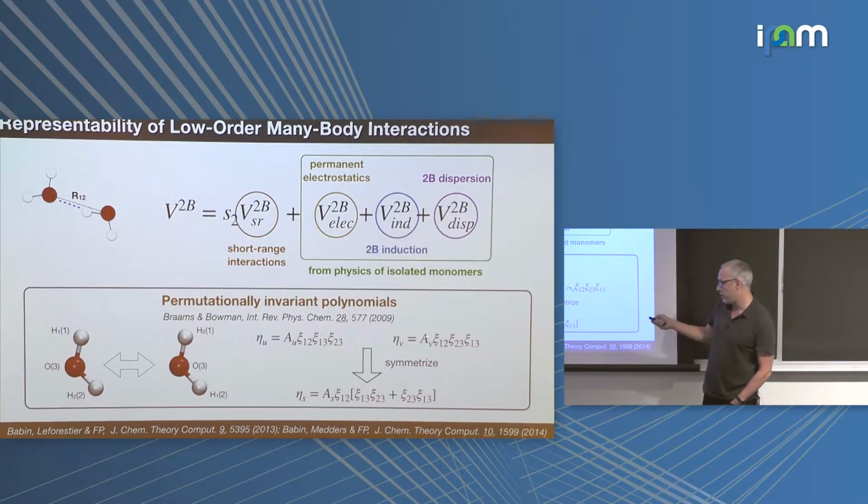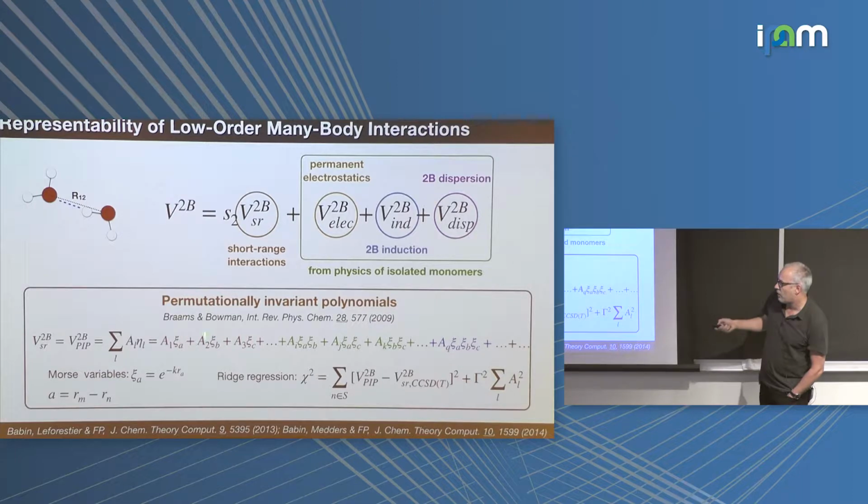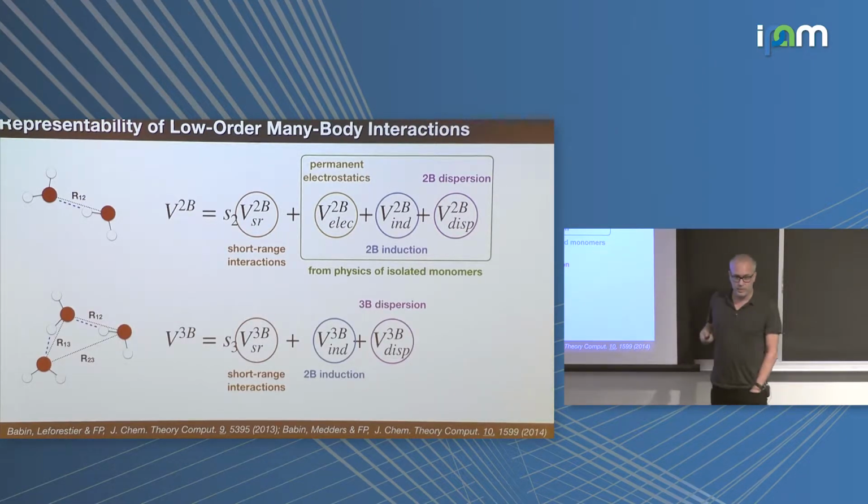And so the permutation invariant polynomials essentially allow me to build a mathematical function that is compact enough and guarantees the translational, rotational, and permutational invariance of my functions. And so then what we do is just to use a ridge regression to get our coefficients A, and we use a regularization, and so these are standard things for all of you. Okay, and the same thing can be done at the three-body level.